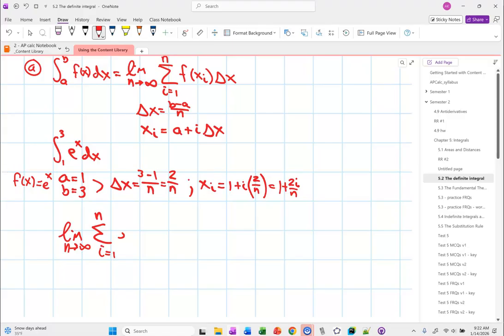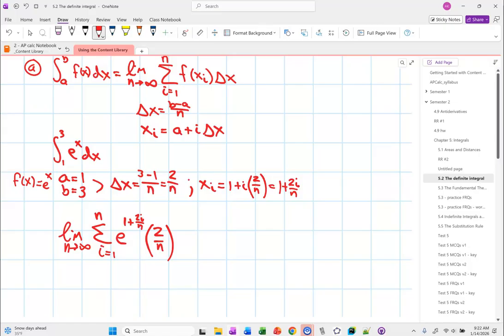So I'm going to have e to the xi, which is 1 plus 2i over n, times delta x. Does everybody feel okay at how I plugged everything in?